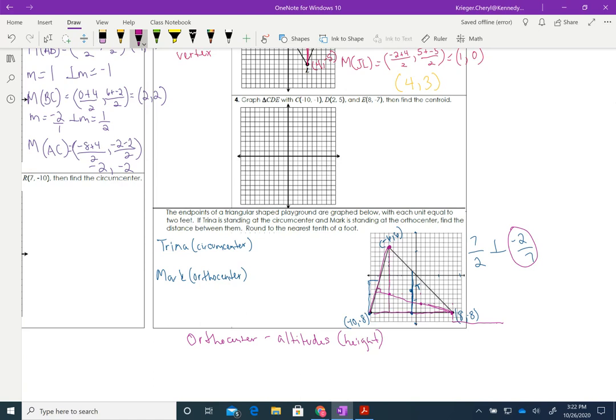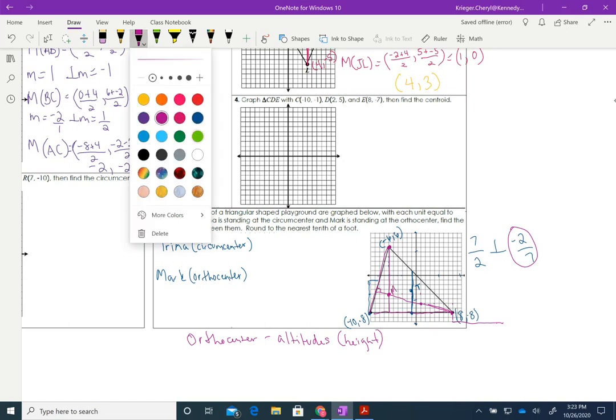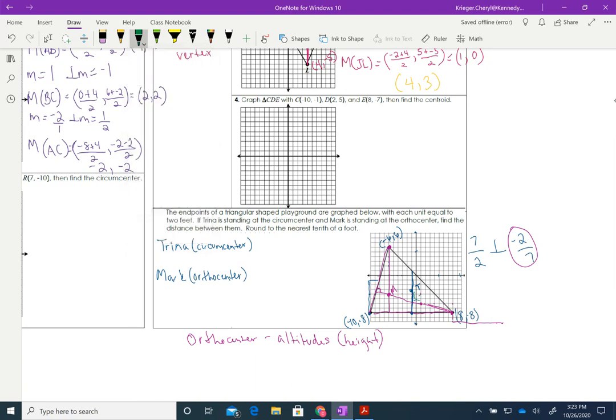So here's Mark. I'll put an M. Okay, so I guess it would be helpful if I wrote down the coordinates for Trina and Mark. Trina is at negative 1, negative 3.